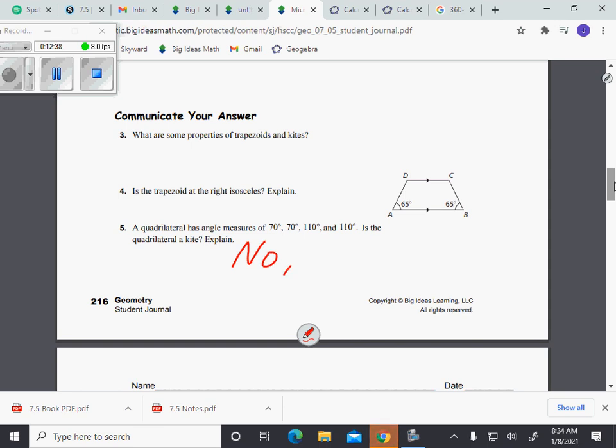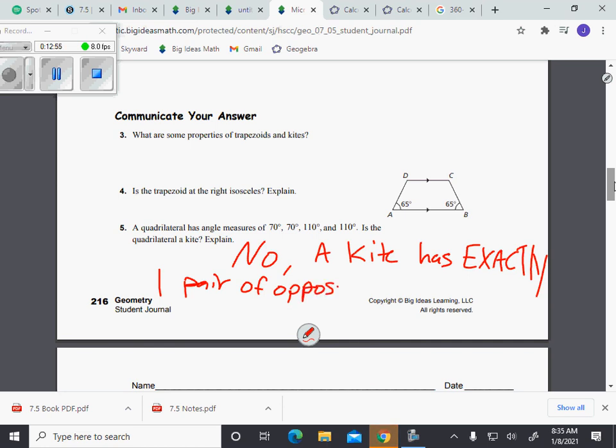Because a kite has exactly one pair of opposite congruent angles. Not two, like it says in the question. It has exactly one pair of opposite congruent angles.